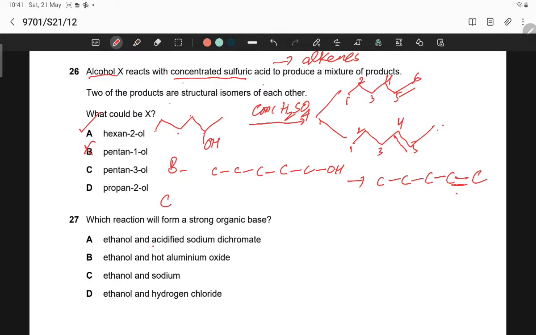Pentan-3-ol. This is pentan-3-ol. With the double bond, there is another product like this.